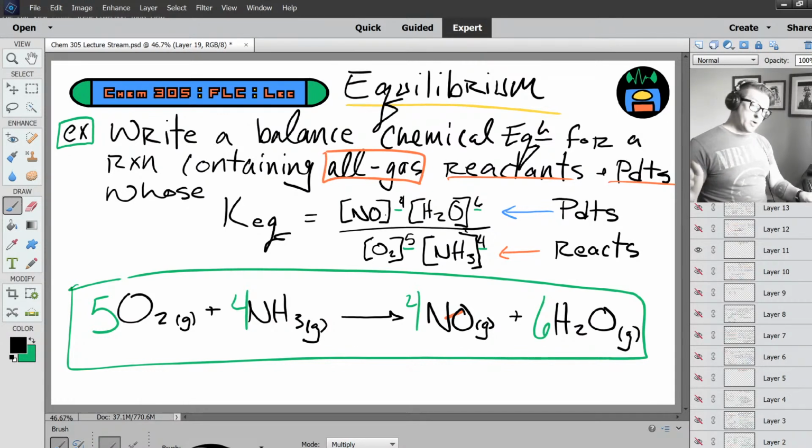So if water was in the liquid phase, it would not be included, which is Susan's sharp eye, and it is something to be looking for. But, yep, totally. Water can also be in the gas phase. So that's another reason why, and I think this should be stressed, you always got to keep an eye out when you're doing the equilibrium constant problems on the phases, because you can't just look at water and go automatically yes or automatically no. It'll depend upon whether it's in the liquid phase or the gas phase.